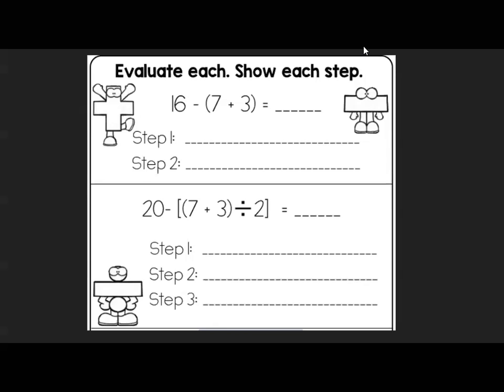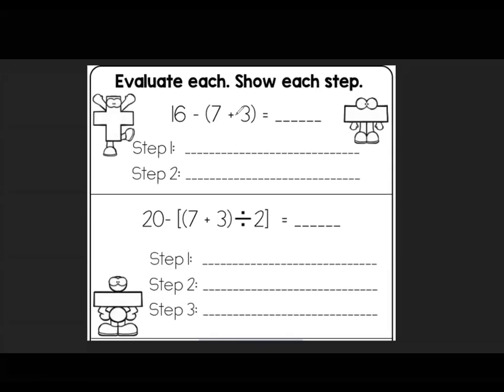So for step 1, if we look at this first expression, we have 16 minus (7 plus 3). The first thing that catches my eye is I see this parentheses right here. So for step 1, we're going to have to work out that parentheses. So we're going to add 7 plus 3. And 7 plus 3 equals what? Correct, 10.